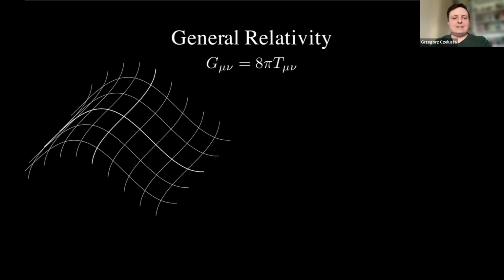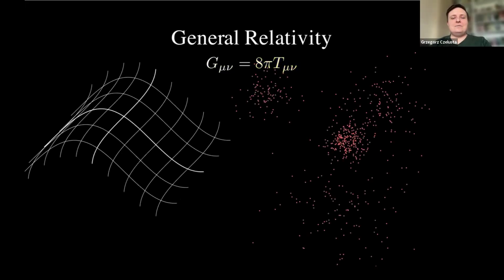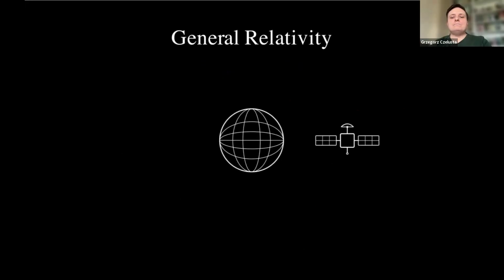Here is another animation which shows that general relativity connects the geometry of spacetime with the distribution of matter and energy, and this connection is described in Einstein's equations. This theory is one of the best experimentally verified theories.